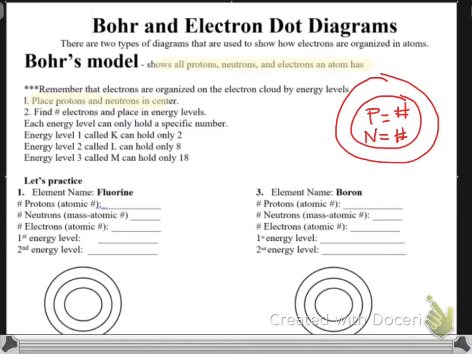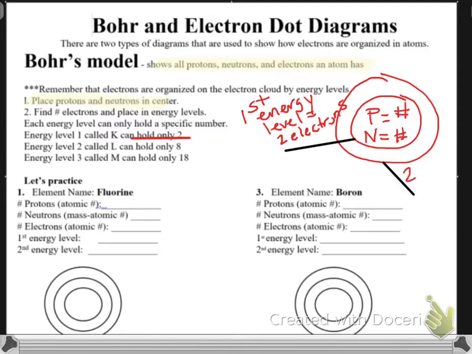Then each circle is going to be an energy level. The first energy level can only hold 2 electrons. That is its rule. Over there on the left you see energy level 1 is called the K level, and it can only hold 2 electrons.